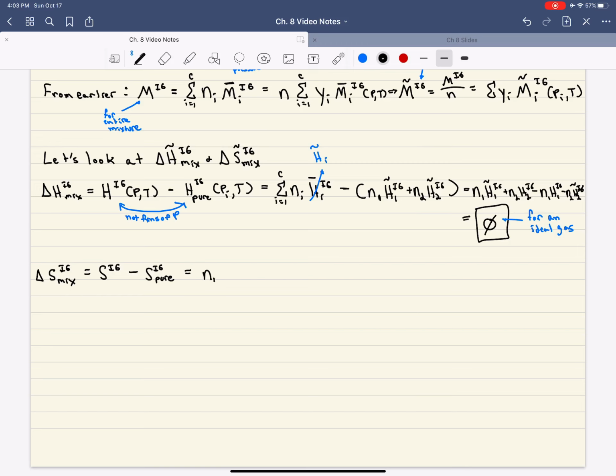For the entire mixture, we get something that looks like this at total pressure P. And we're subtracting off this. S1. Oh, these squigglies should be bars. P plus N2 S1 P.